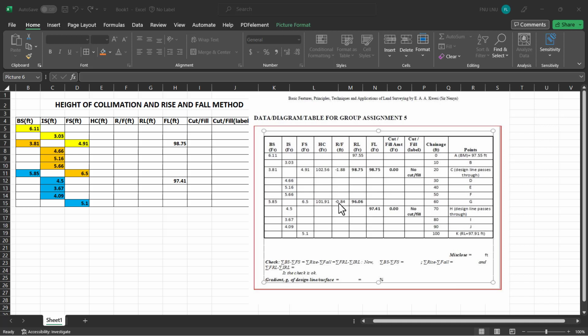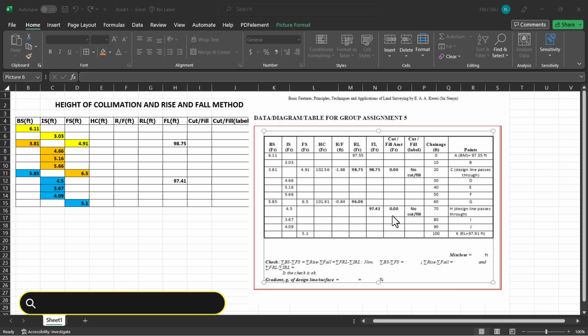But we are going to compute everything from scratch. That's why I'm not having those values inside. You're going to know how they got all these values.